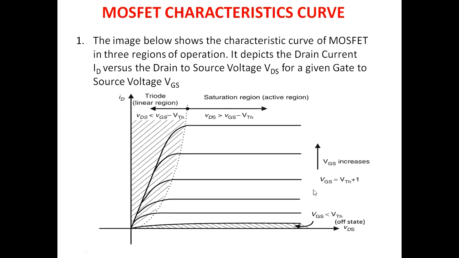As VGS goes on increasing and once it is more than threshold, VTH plus 1, just a little bit more, then it will be in the region where as VGS goes on increasing, the current goes on increasing.